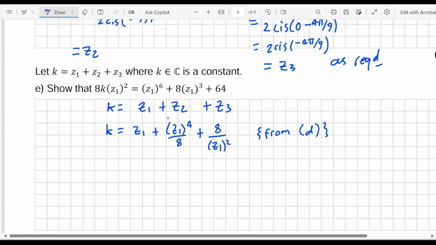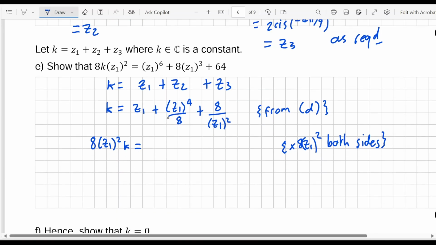Now, notice that on the left-hand side of the equation in the show that, we've times by 8 Z1 squared. So I'm going to be timesing by 8 Z1 squared on both sides. Just so it's really clear, because it's a show that question.